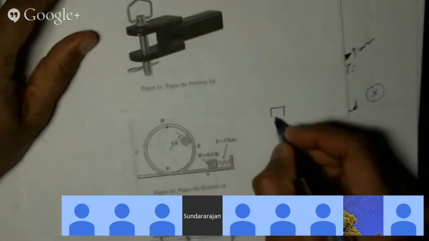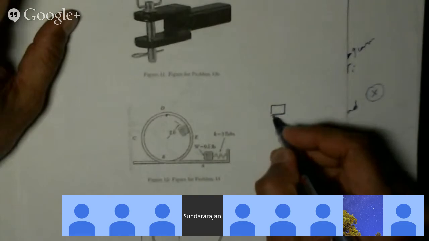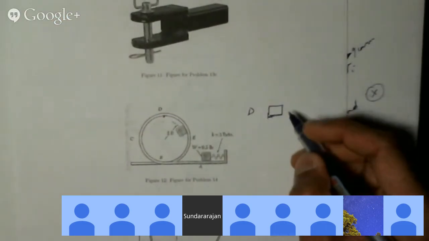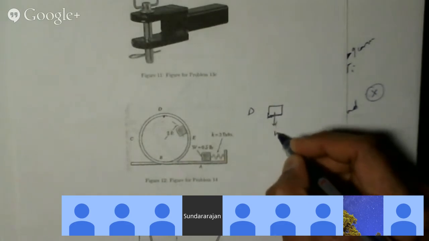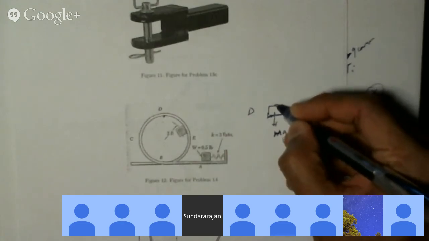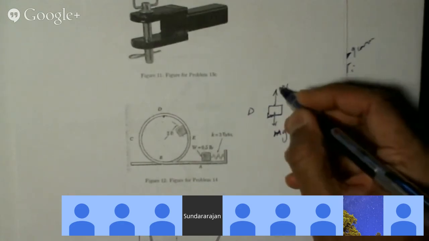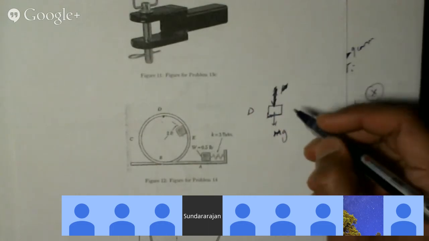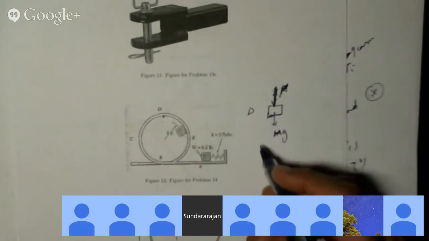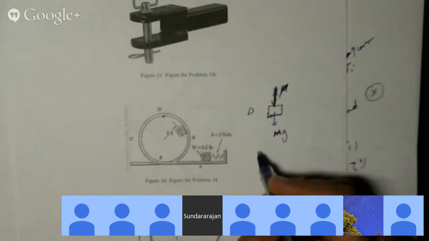So here is the block at D. What are the forces acting on this? Weight. And then? Normal force. Yeah. That's it, right? So sum of forces equals what? Zero. Is it an equilibrium?